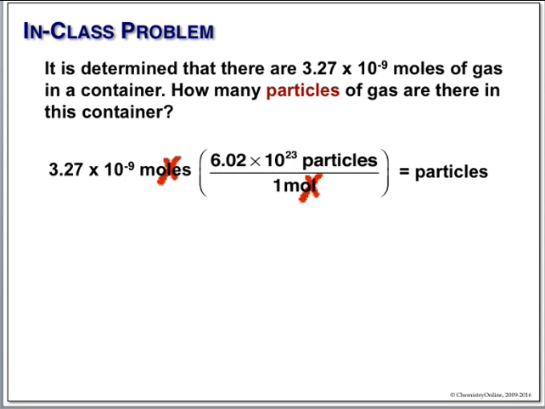And we're just left with particles. Just like in the tutorial, take and multiply these two guys together. And when you do that, hopefully, you'll get 1.97 times 10 to the 15.